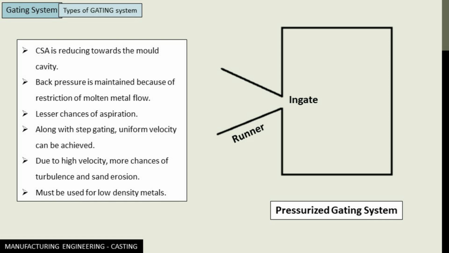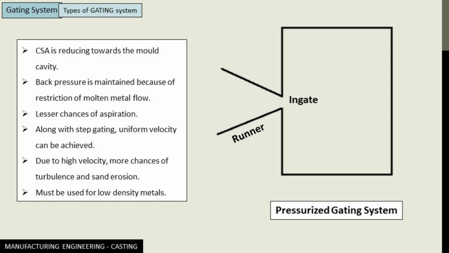There would be lesser chance of aspiration because of the shape of the runner, and due to high velocity, there would also be higher chances of turbulence and sand erosion. And hence this kind of pressurized gating system must be used for low density metals.